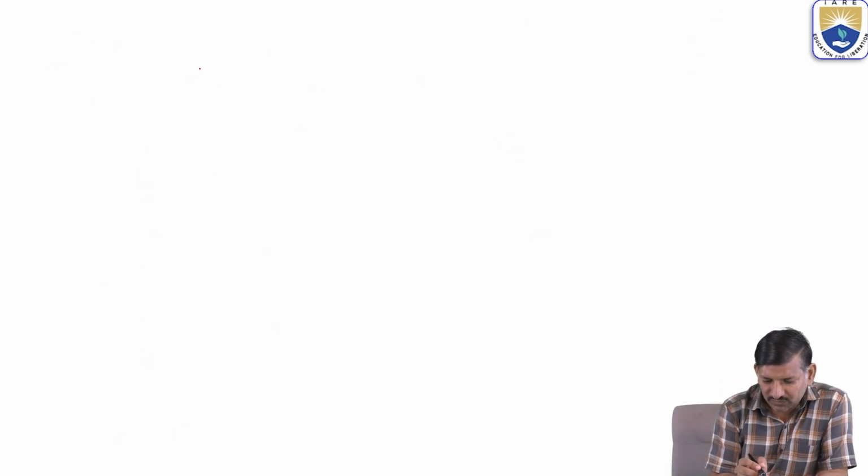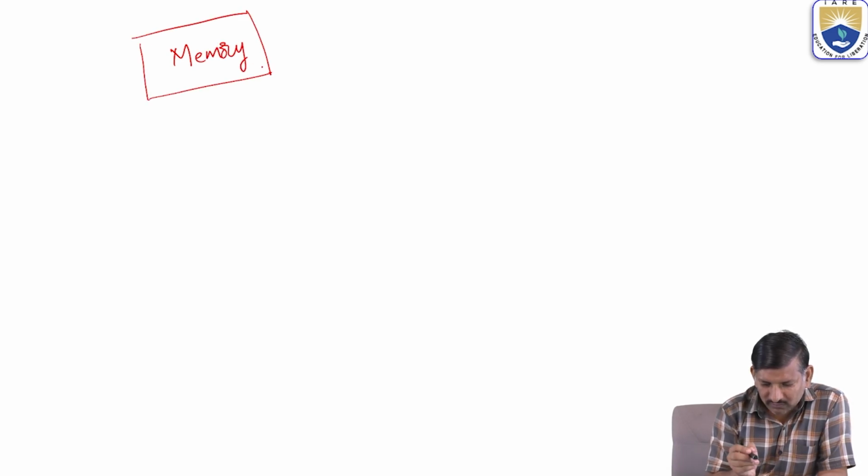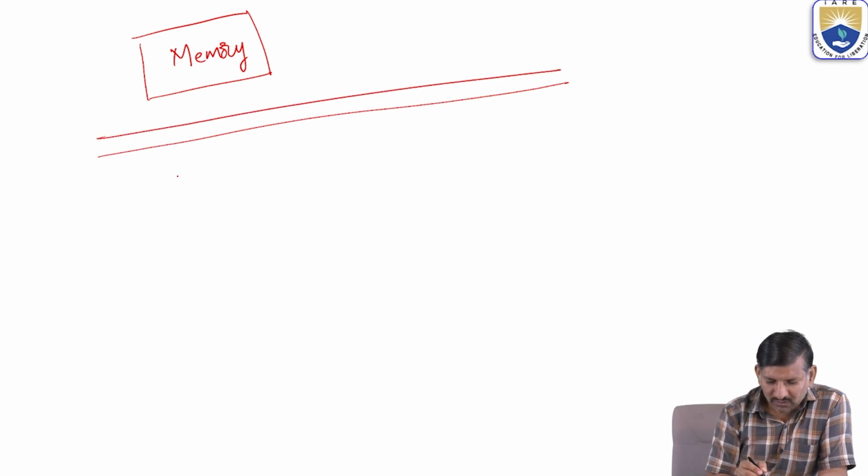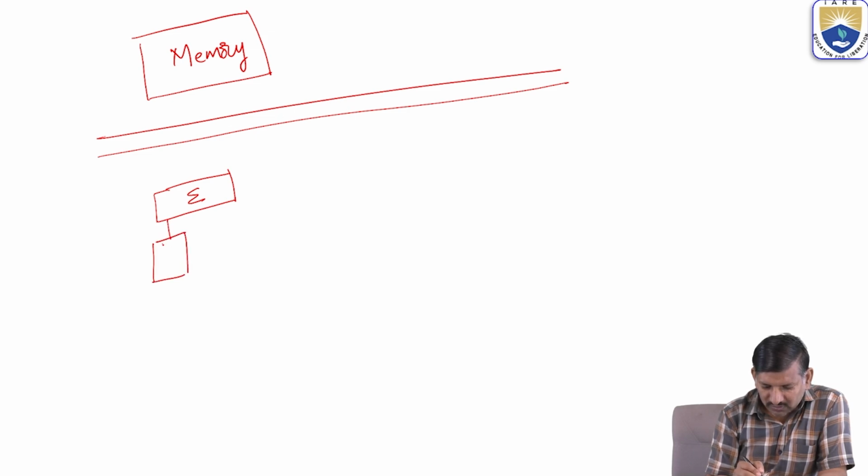First, I am considering this is memory. This is the bus. Here I am taking the arithmetic and logical unit, adder, adding unit. For this I am taking some registers: code segment, data segment, stack segment, extra segment. Here I am taking the instruction pointer.